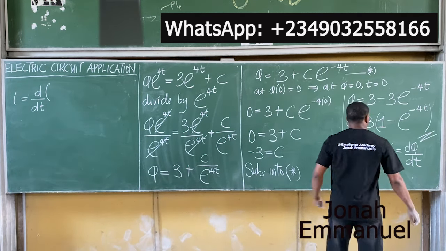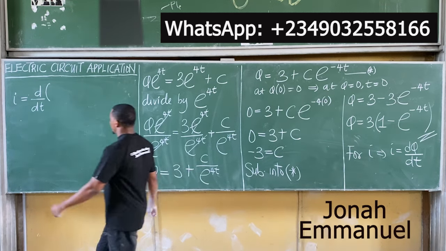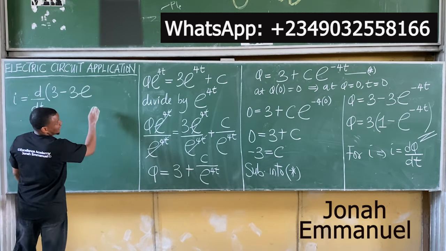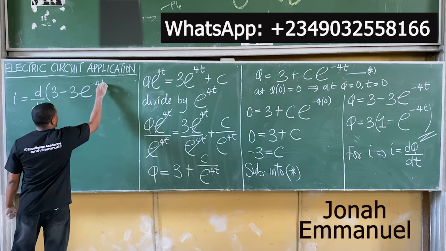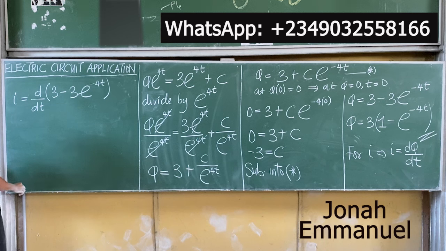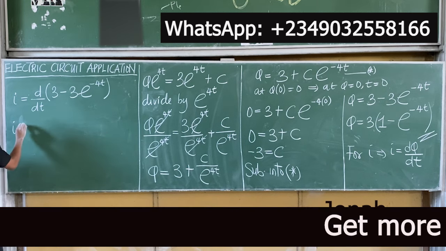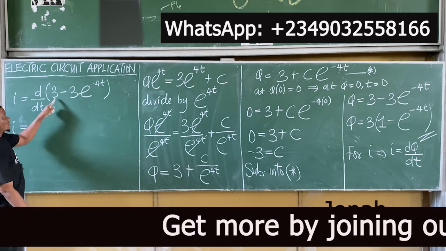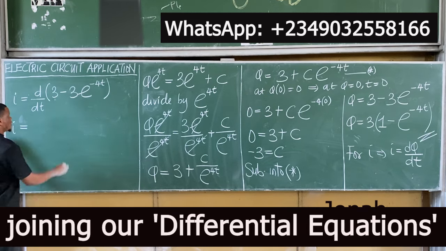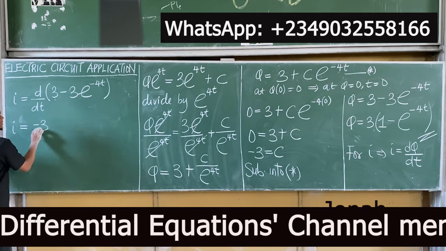Let's use this one here: 3 minus 3 exponential minus 4t. So how do you differentiate this? If I differentiate a constant, I get 0, it's off. So it becomes this one here, minus 3.